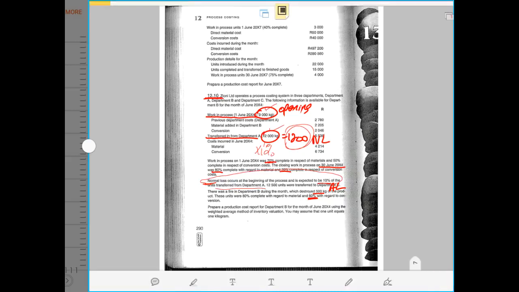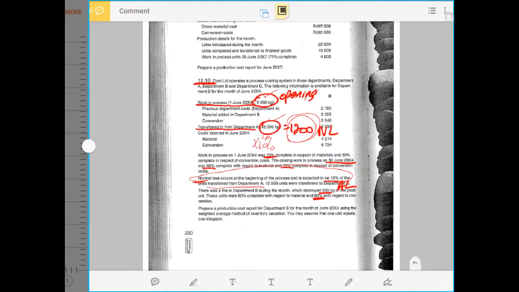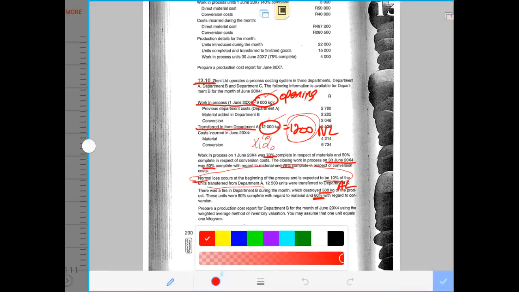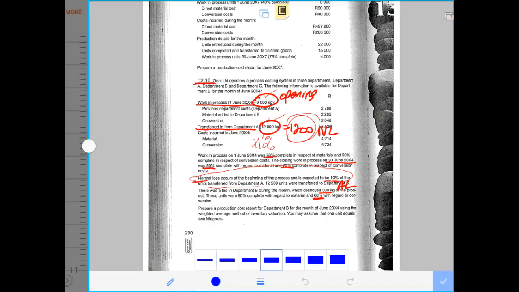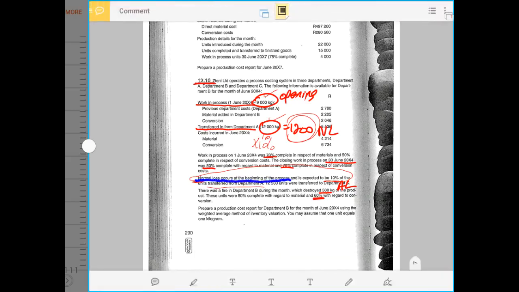I just want to show you where they said normal loss occurs at the beginning, here in this sentence: normal loss occurs at the beginning of the process. That means the beginning of the process is the end of the previous process. So now that means this loss will only be recorded under the output.